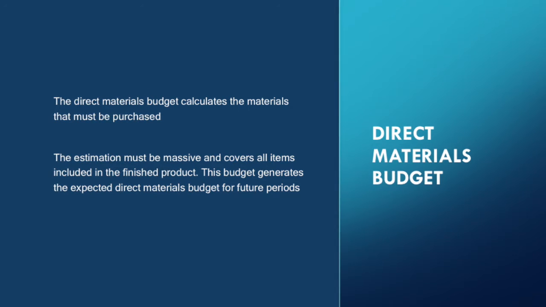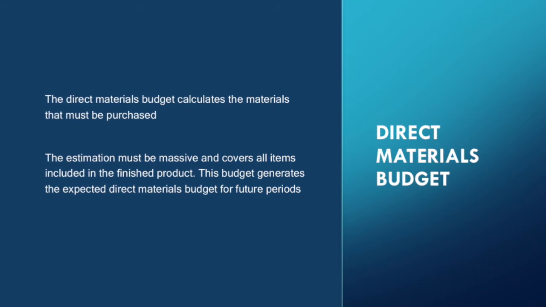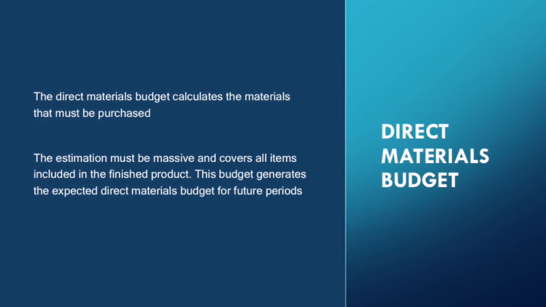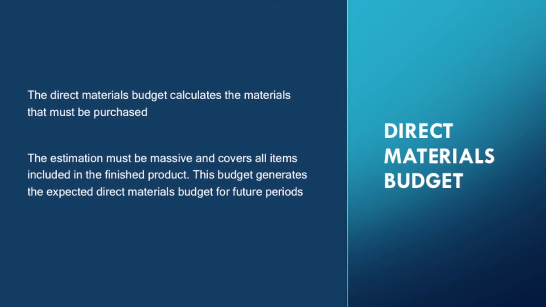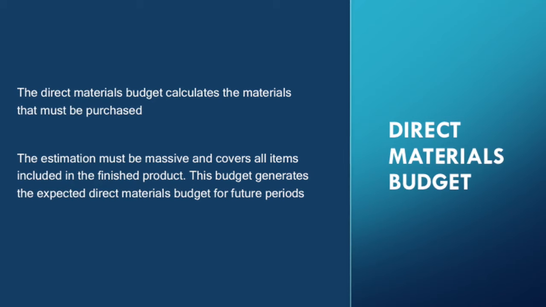The direct materials budget calculates the materials that must be purchased by time period in order to fulfill the requirements of the production budget. It is typically presented on a quarterly basis. The budget contains the majority of all costs incurred by Apple, compiled with considerable care.